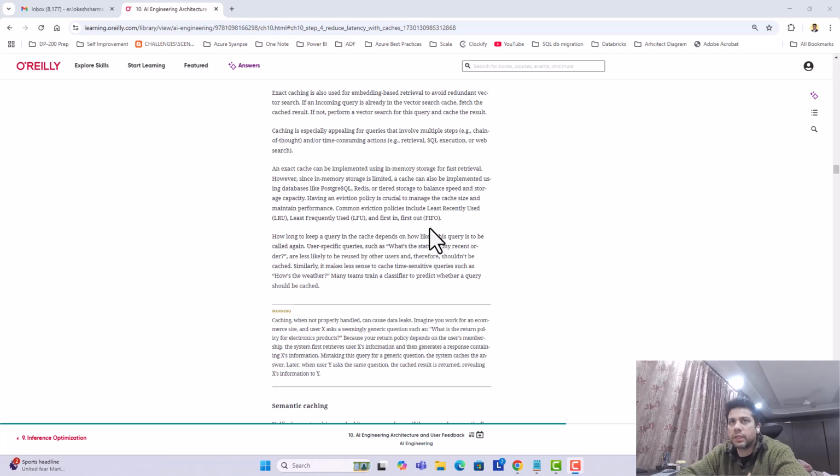Or, give me Python code for generating a division by two program. This could be a common question that some other users can also want, which means the results of this query would be cached. That would remain in the system as long as the eviction policy allows, and that depends on what sort of algorithm we have used. For example, FIFO, first in, first out, or least frequently used.